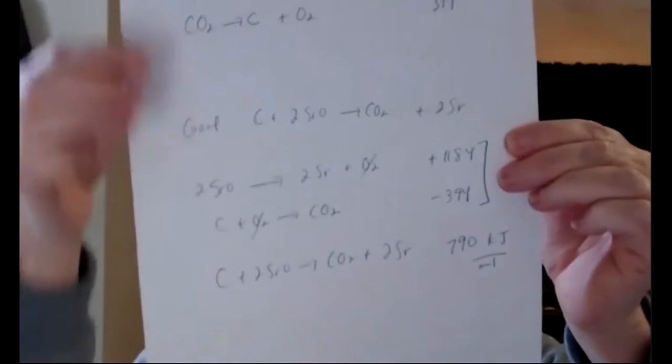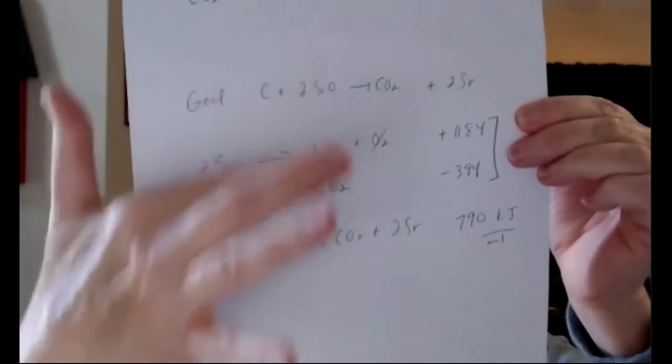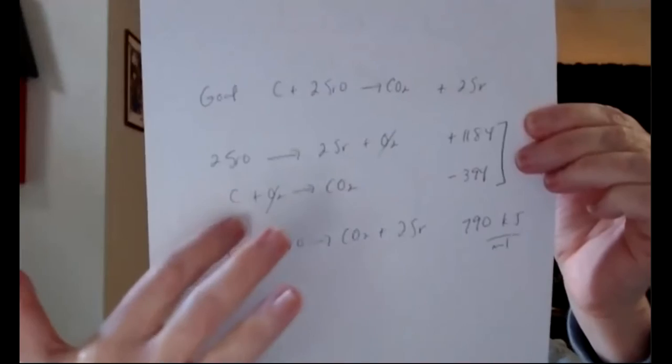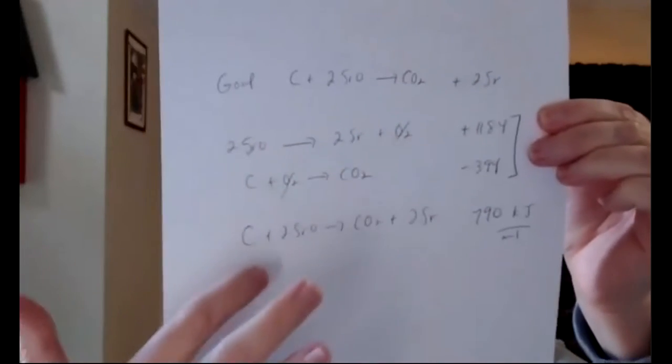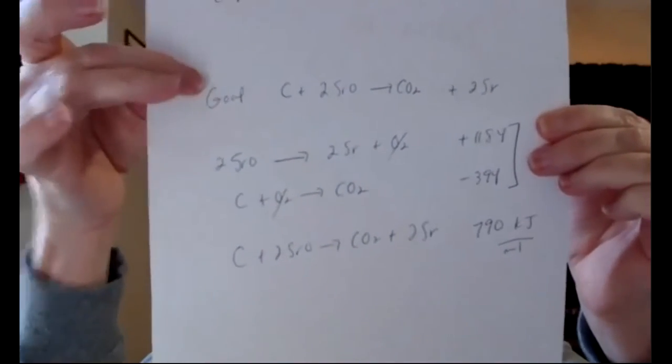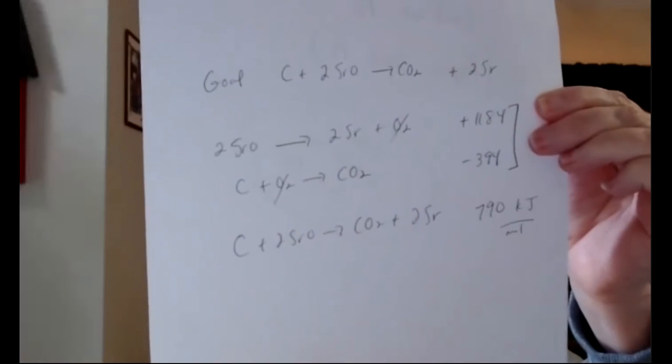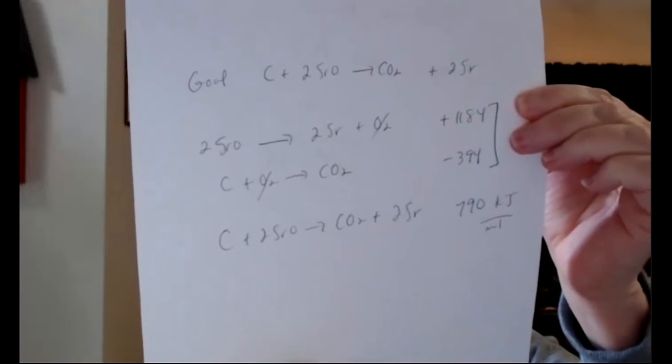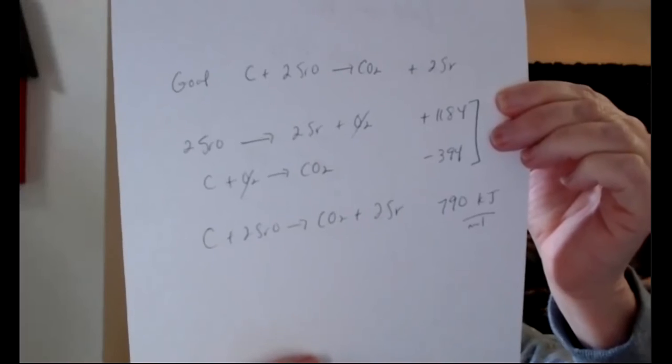I'm pretty sure you had to flip the second one. So when you add them, your oxygen canceled, you get your goal, and you simply add those numbers up. There is a problem on your final exam like this. That's the only reason I brought it up.